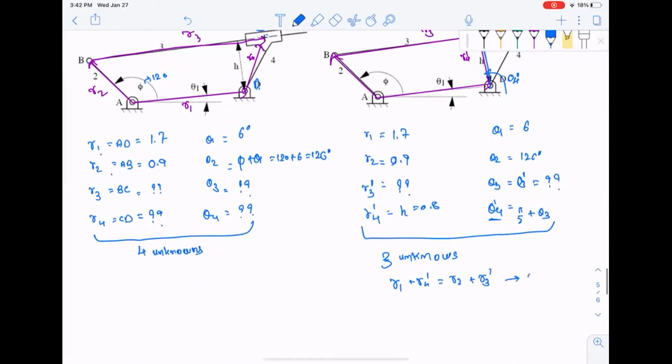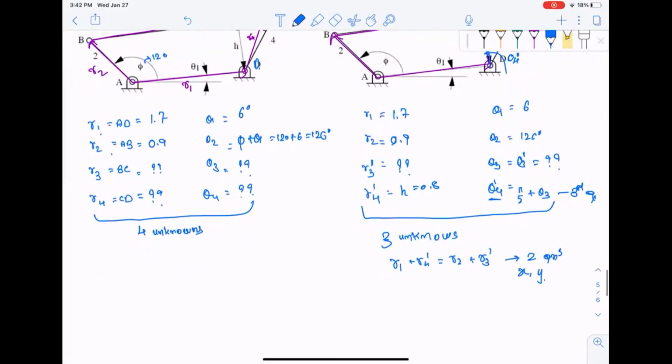These are actually two equations in x and y, and the third equation is theta 4 dash equal to pi by 2 plus theta 3. So we have three unknowns and three equations. We are going to proceed ahead and solve these equations.